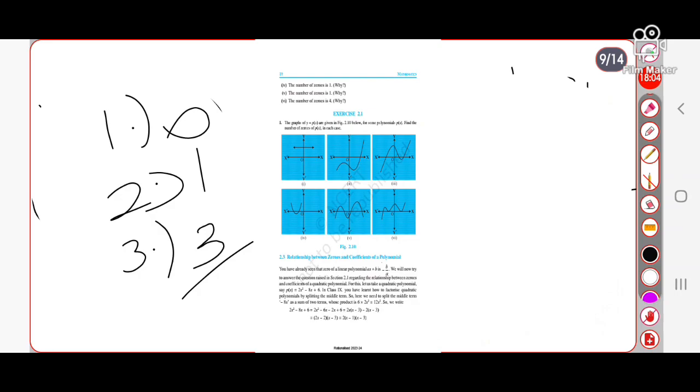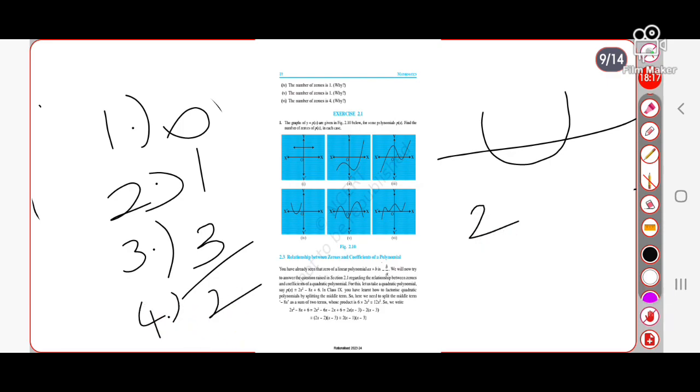The fourth one, what is the fourth one given? Again, it is just like this over here, so it is 2. So fourth one, 2.